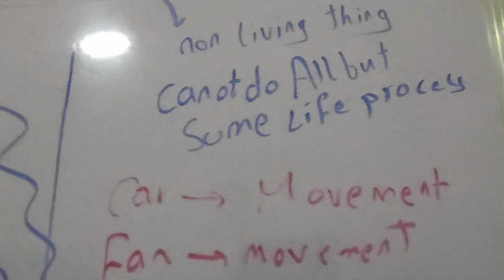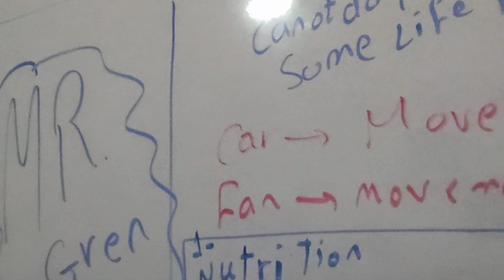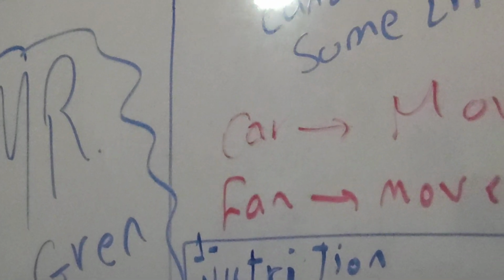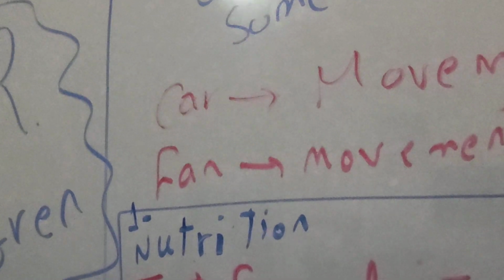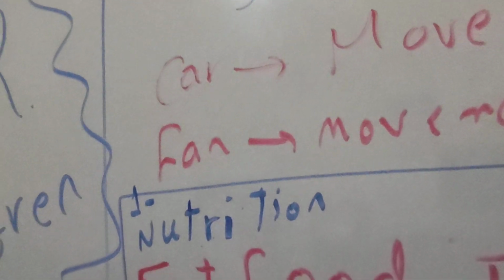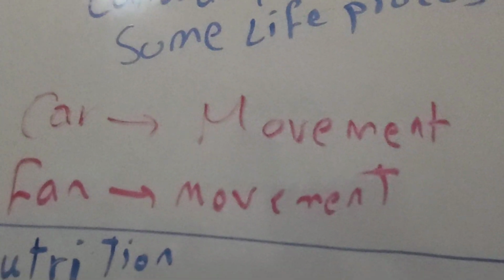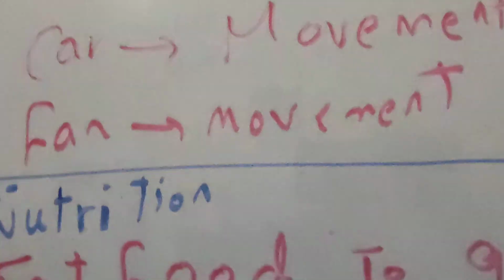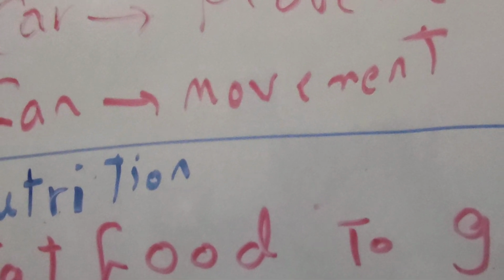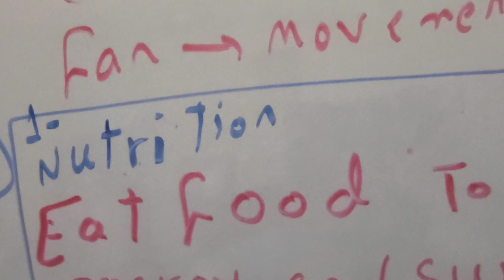Okay, let's move on. Another thing: can a non-living organism do all or some of the life processes? No, it can only do some of the life processes. Why? Like a car. Can a car move, eat, excrete, breathe?